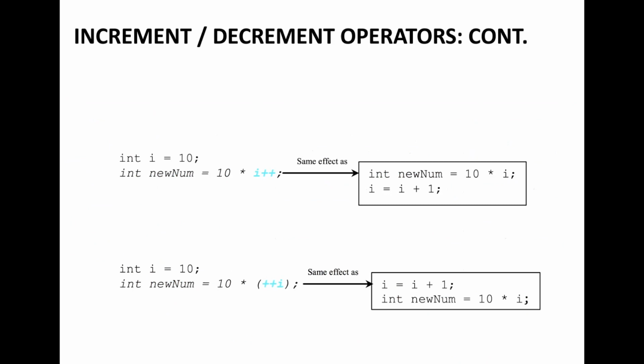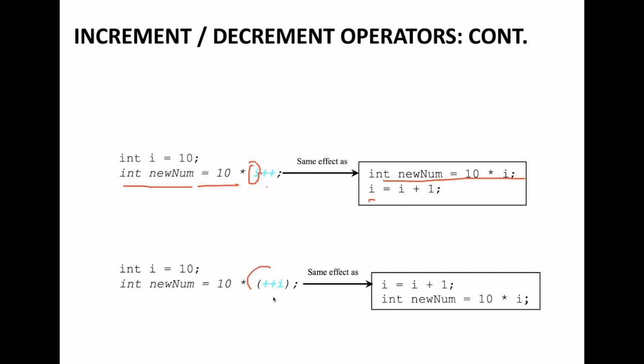You have an integer I equals 10. What you have here is a new num equals 10 times I plus plus. Notice that this variable must be used before it is incremented since we have plus plus in the postfix form. Therefore, in this expression, integer new num equals 10 times I, and then after that, I is incremented by 1.